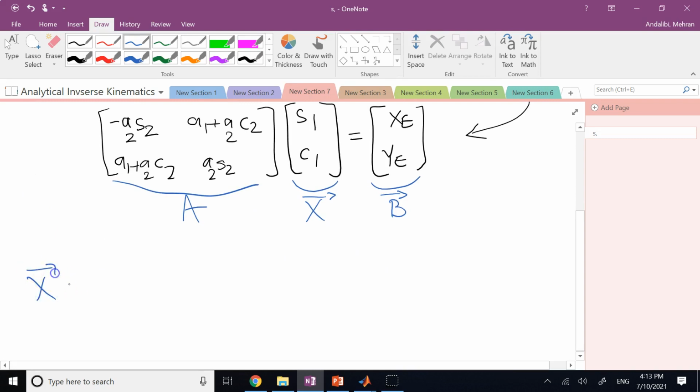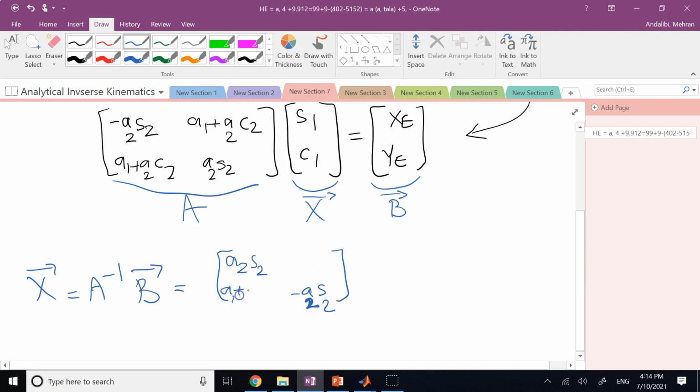Because the solution X is A inverse times B, and A inverse, as I said, is negate the diagonals, and then swap the anti-diagonals, which in this case are the same thing, so swapping or not swapping is not going to make any difference. Or wait, yeah, both of them are the same.